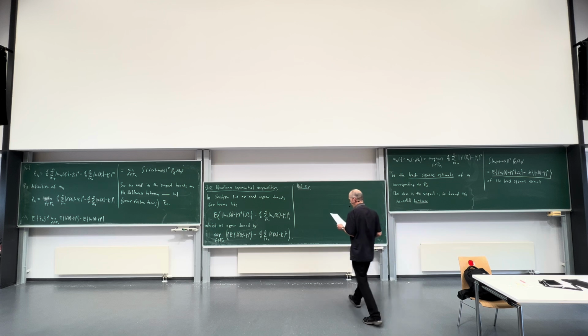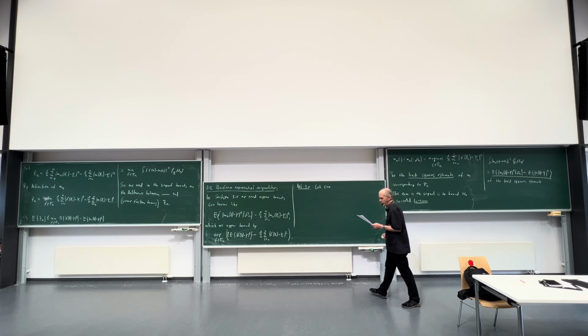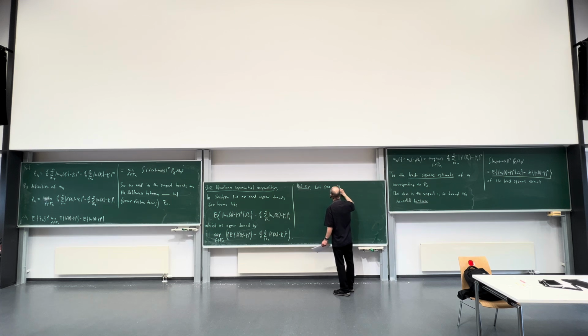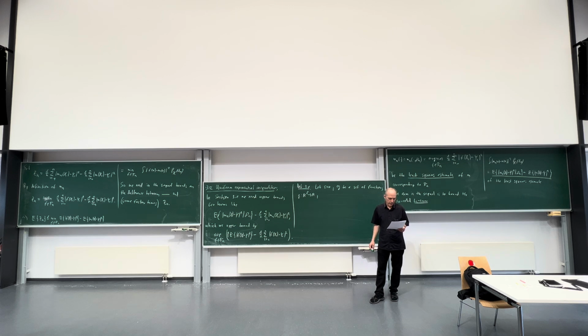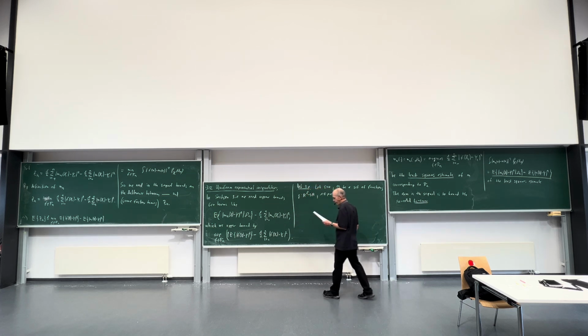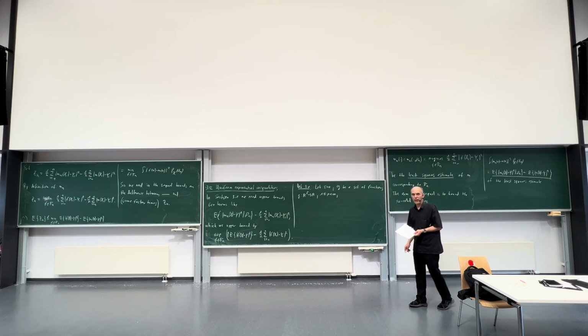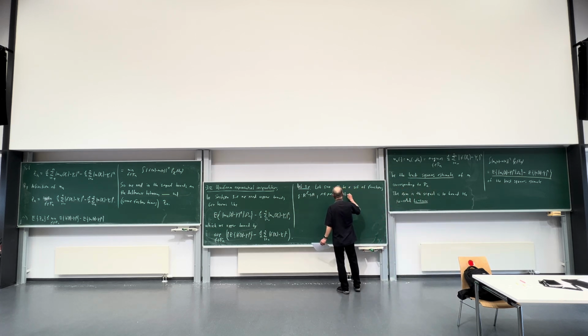Okay, I have an epsilon greater than 0. Let G be a set of functions from R^d to R. I have a p which describes which norm I use, an L^p norm, where I integrate with respect to a probability distribution, and this probability distribution is mu.